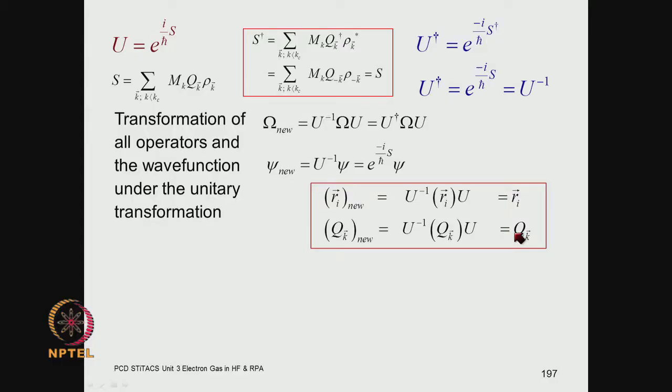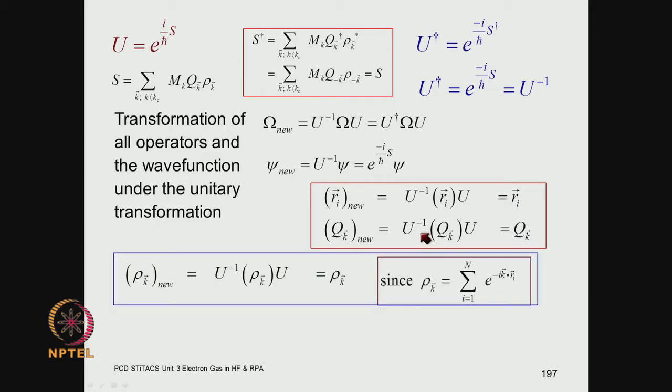So, this Q is also invariant and it remains the same under the unitary transformation. The charge density components will of course remain invariant, because the position operator is invariant. Position operator is made up of these Ri's. So, this is invariant. So, these three operators remain invariant.